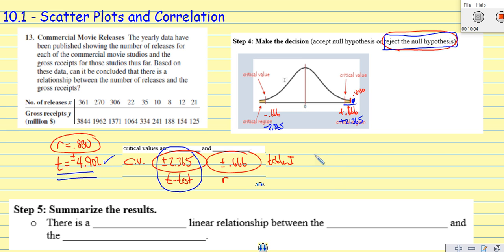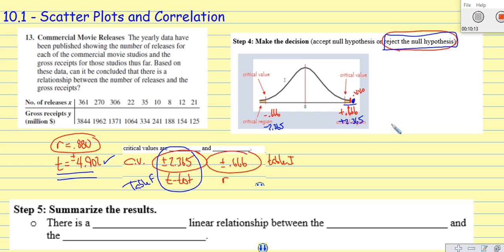So, keeping that in mind, if you use table F with the t-test, you're going to get a critical value. If you use table I with your correlation coefficient, you're going to get a critical value.